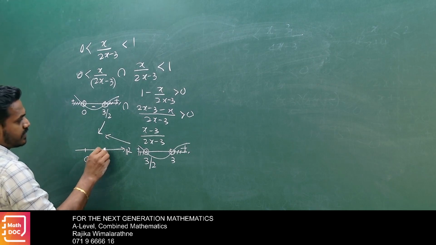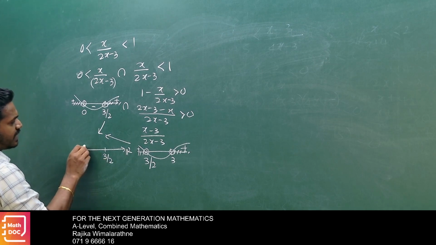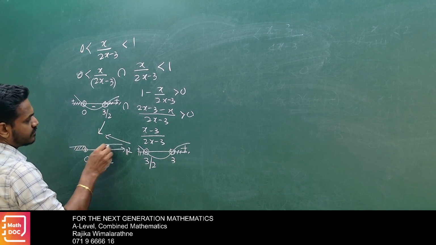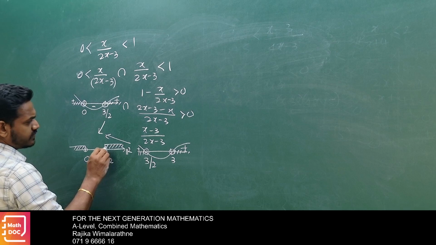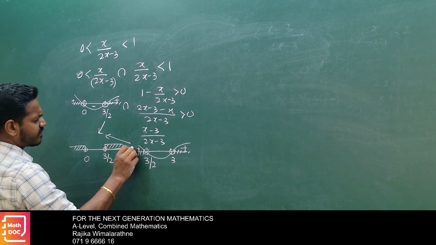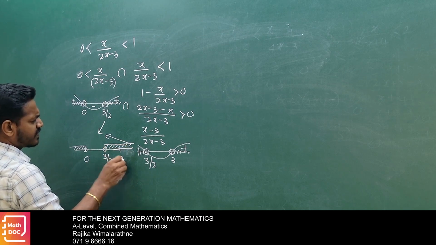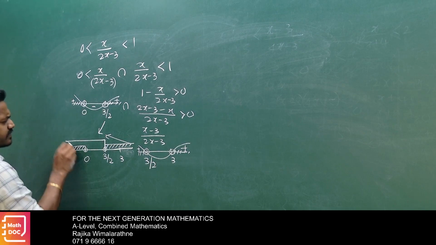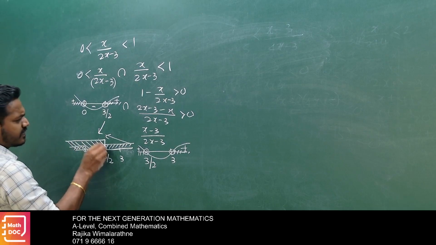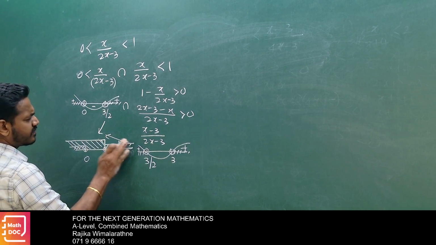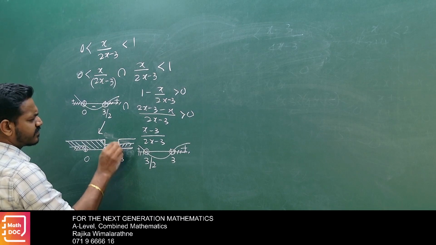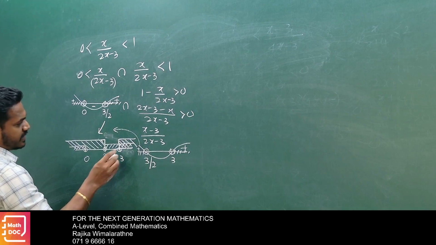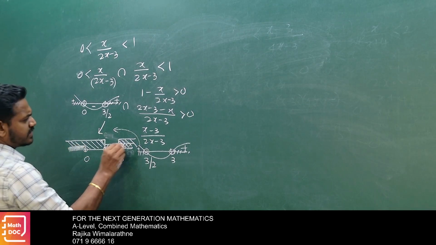Here 0, 3 over 2: less than 0, greater than 3 over 2. Then 3 over 2 and 3: less than 3 over 2, greater than 3. Then the common region is less than 0 and greater than 3.